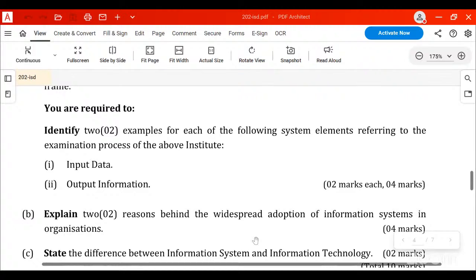Output: examination results, grades and percentages, averages, all those are output information, data processed. Certificates or performance reports or transcripts, that is output, right? That is enough for that. 2 into 2, 4 marks are allocated.